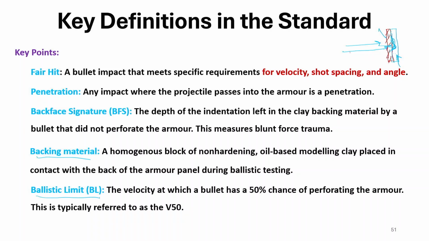Next is the ballistic limit. Here, it is the velocity at which a bullet has a 50% chance of perforation of the armor. Ballistic limit is expressed as V50, that we will discuss in detail.